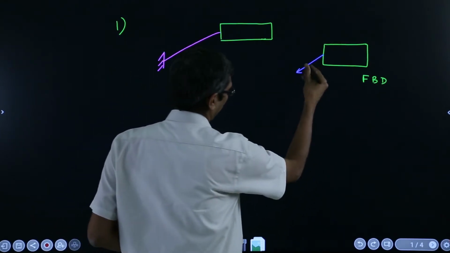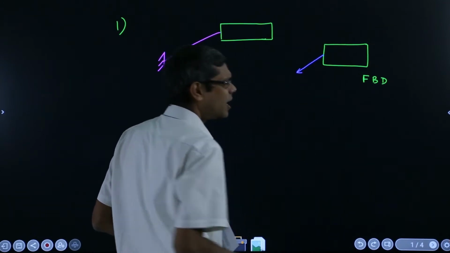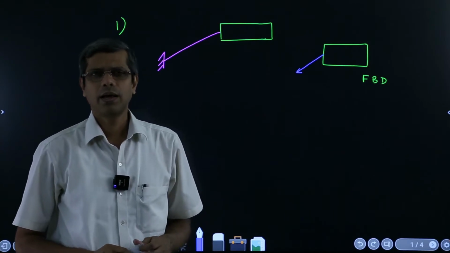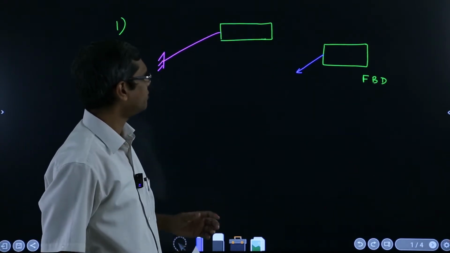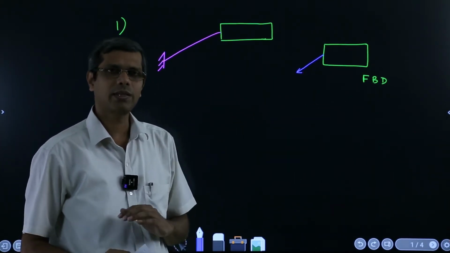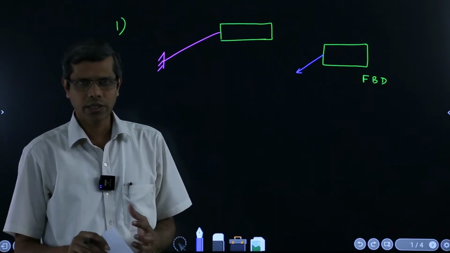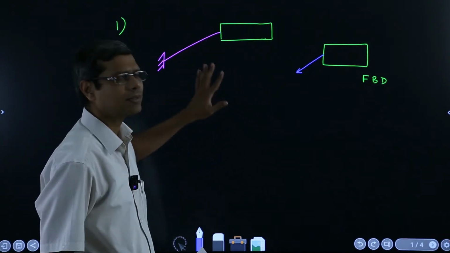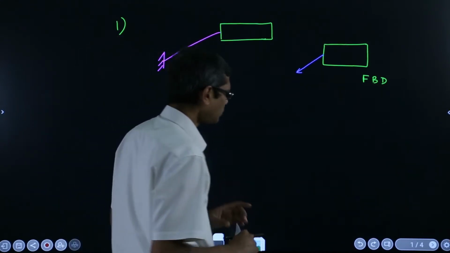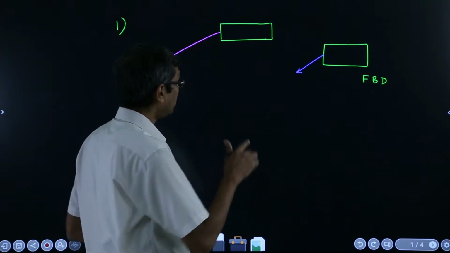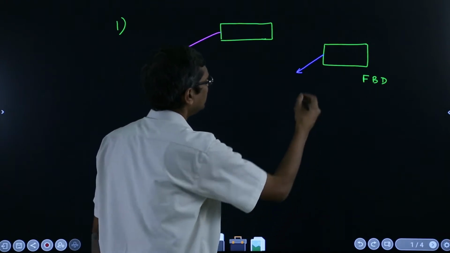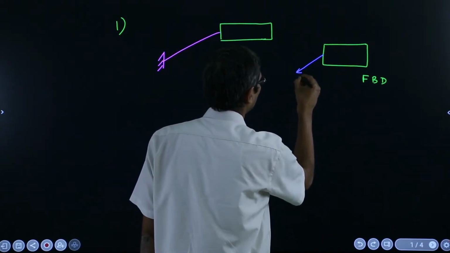Now you can always put it otherwise and then the answer will come to be negative, but generally you should use some engineering sense always to keep it as proper as possible. And in some cases anyway there will be no way in which you can actually decide about the direction, but in this case obviously the direction can be known a priori. In fact, again, I am talking about the sense, not the direction. So, direction I will come to that in a moment. Okay. The sense is in this way because it is a tensile load.